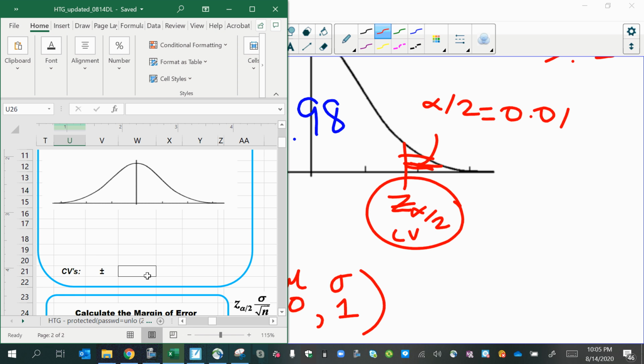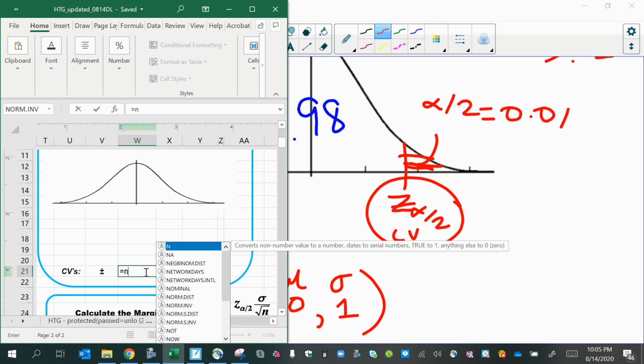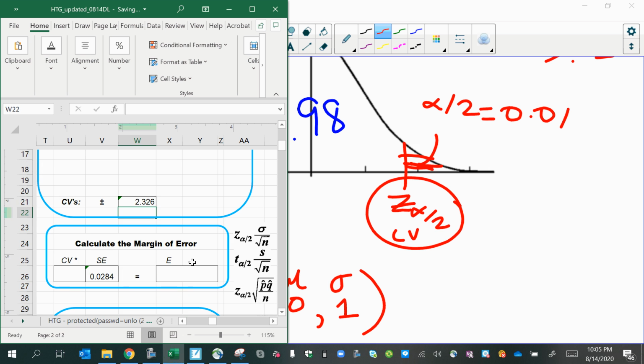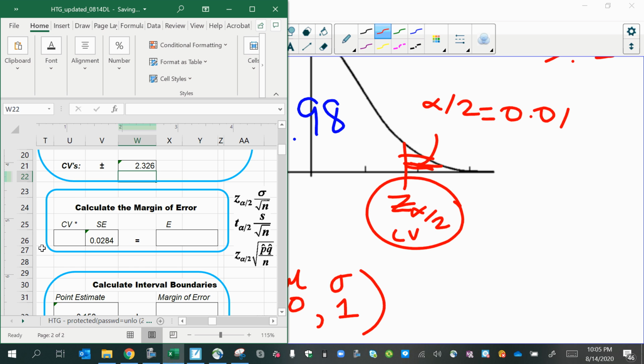So doing that here, norm.inv 0.01, comma 0, comma 1. All right, and I want that to be positive, so I'm going to put an absolute value wrapped around this. So my positive critical value is 2.326.